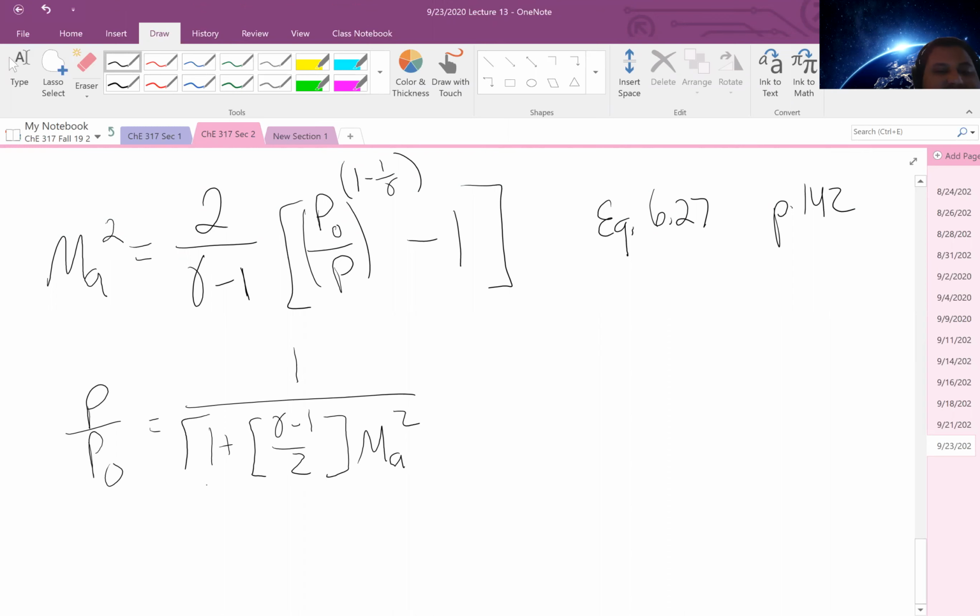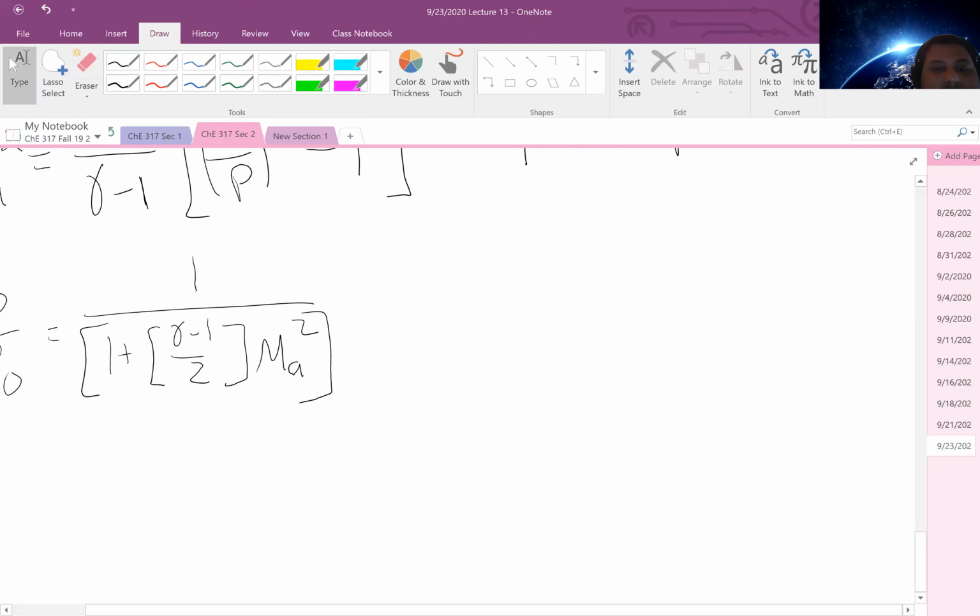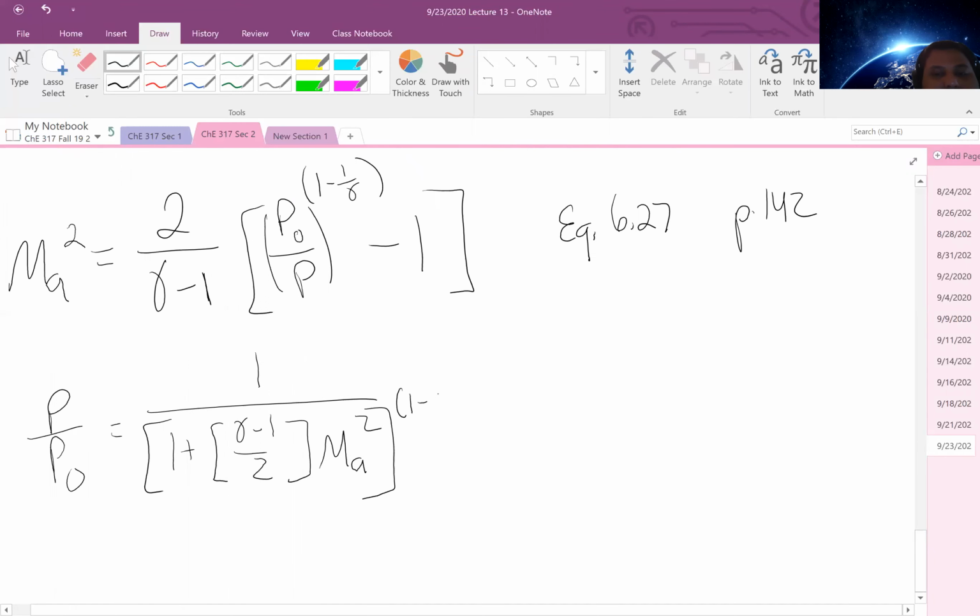And then all of this on the denominator is raised to the 1 minus 1 over gamma power. Oh, excuse me, it's unfortunately more annoying than that. It's the 1 over 1 minus 1 over gamma power, being equation 628 on page 142.